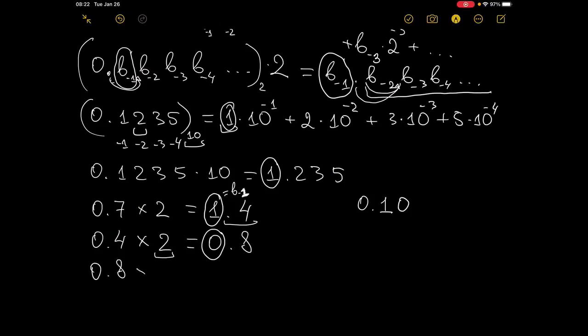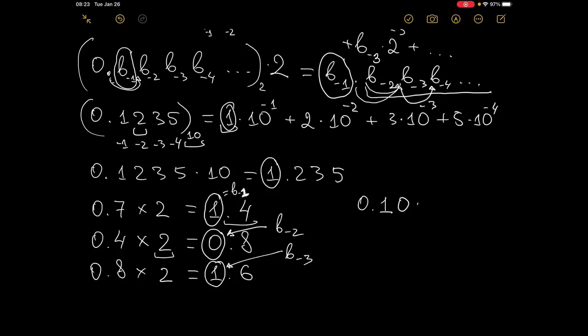0.8 multiplied by 2 gives 1.6. So I moved my radix even further here. So this is b negative 2, this is b negative 3.